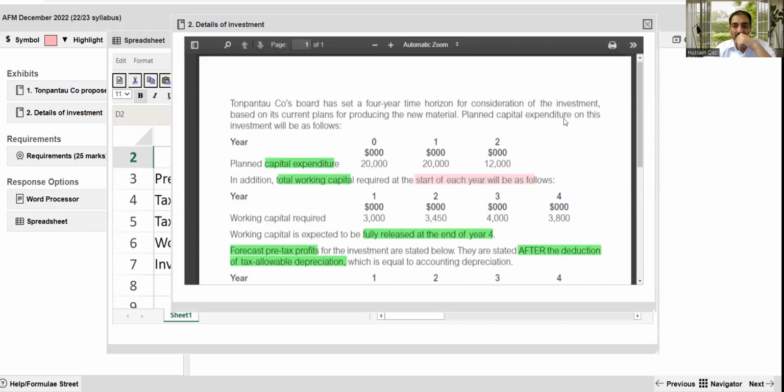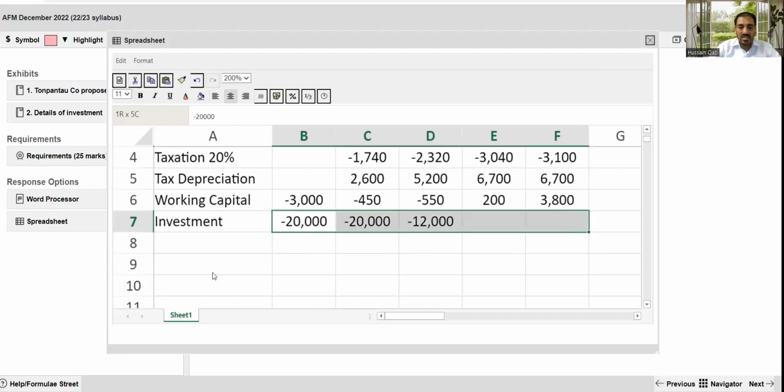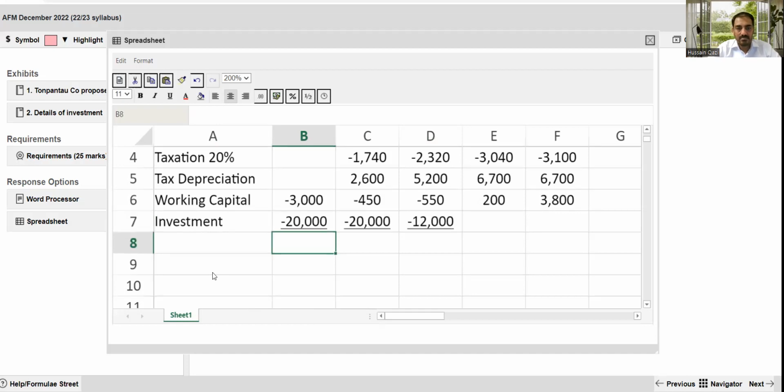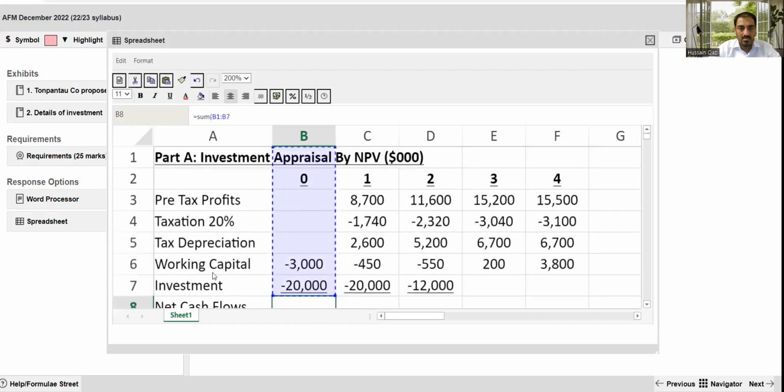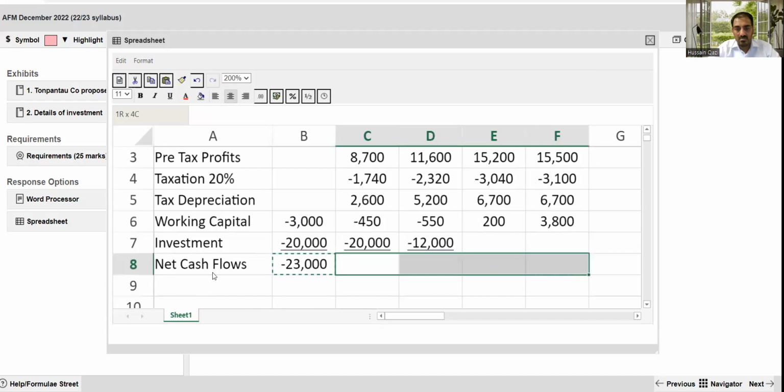It's very simple: 20-20-12. Okay. And this is what it is about, the net cash flows.